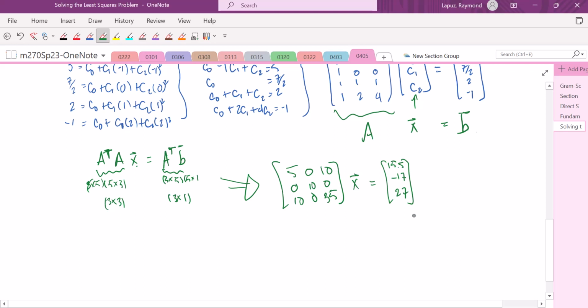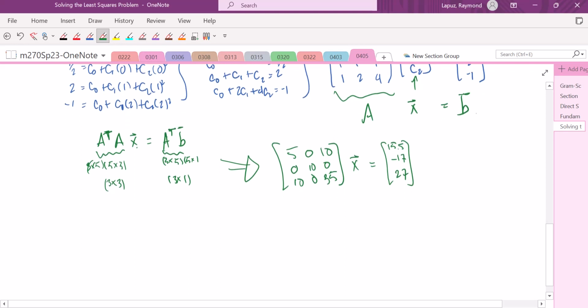So now we're just solving for this linear equation, which should have a solution, should be consistent. And for that, I would probably be interested in just augmenting it. 5, 0, 10, and 15.5, 0, 10, 0, and a negative 17, and a 10, 0, 35, and 27.